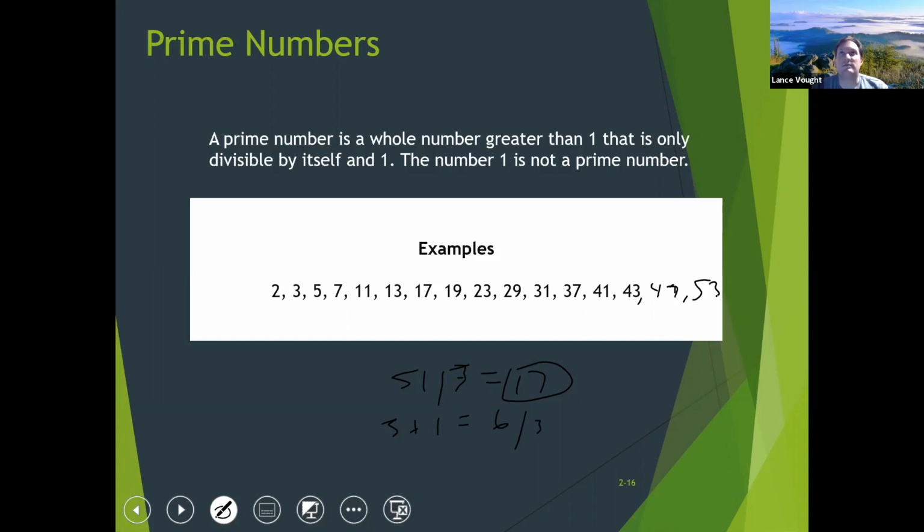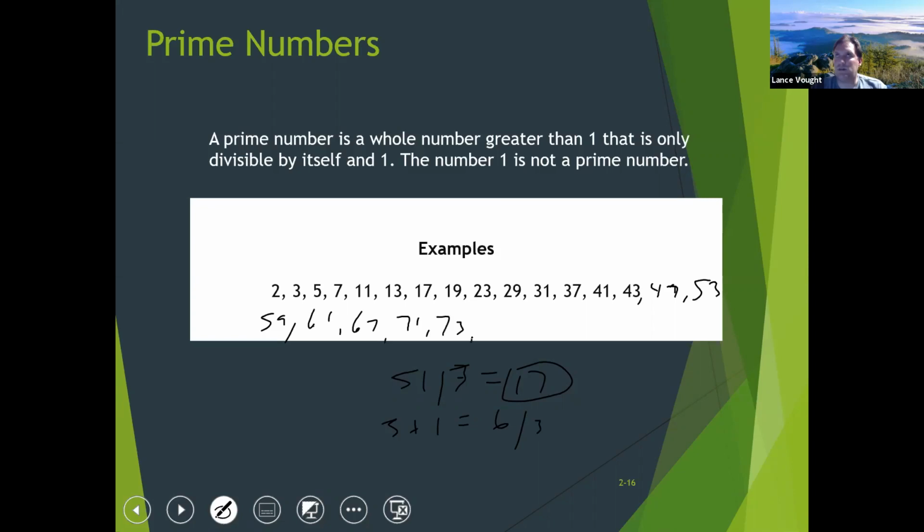And then 59 is a prime number. 61, I think, is a prime number. 63 is divisible by 7 and 9. 65 is divisible by 5. 67 is prime. 69 is divisible by 3. 71 is, I think, a prime number.